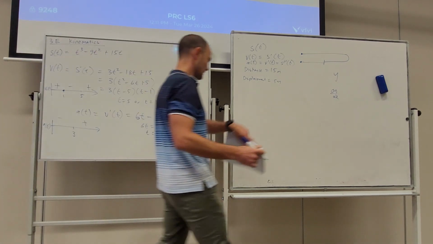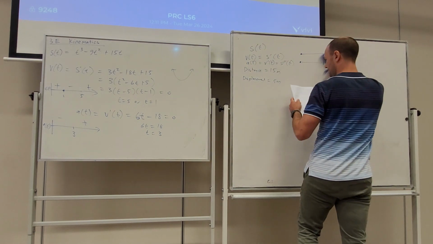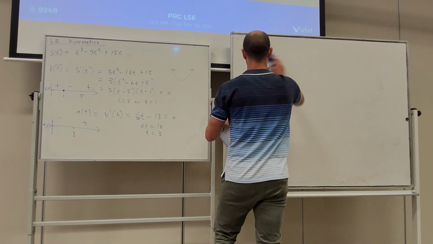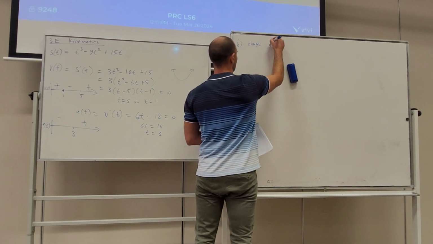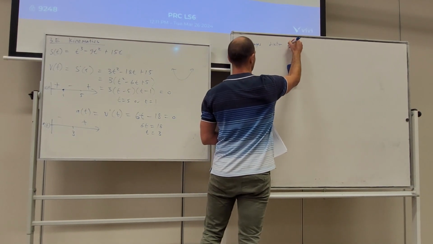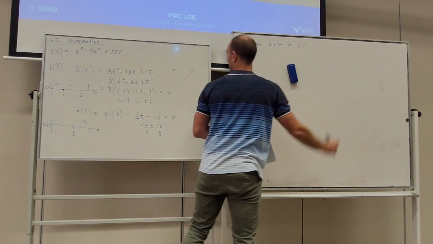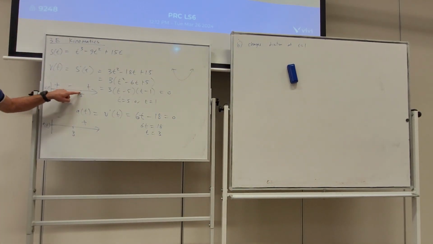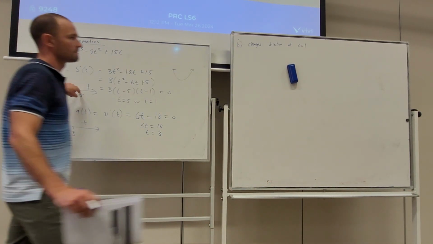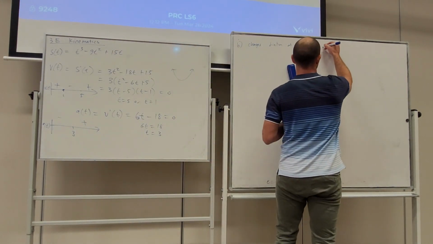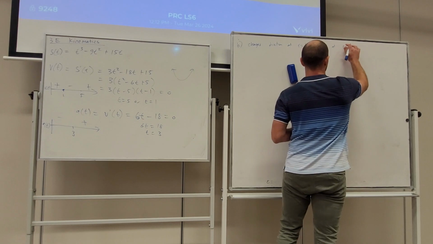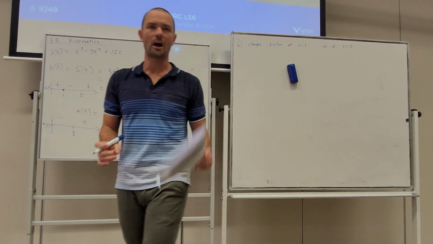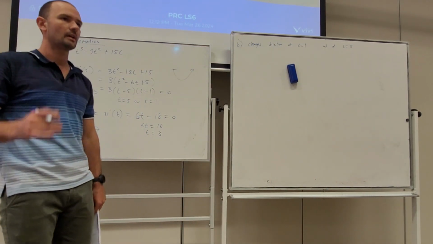So let's start recording this down. This is part B. Changes direction at t is 1 and at t is 5. Now, it says find the position and time.